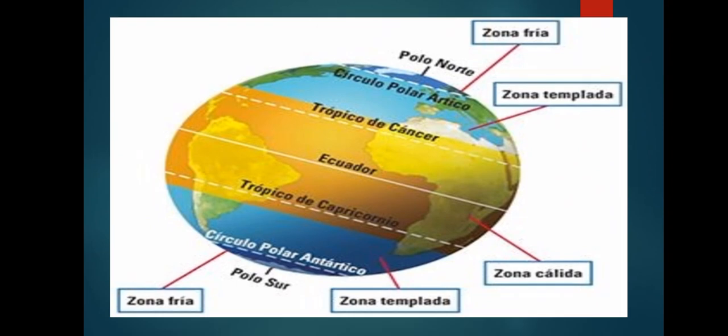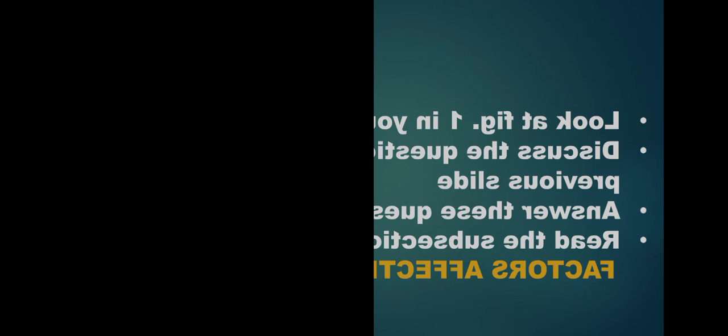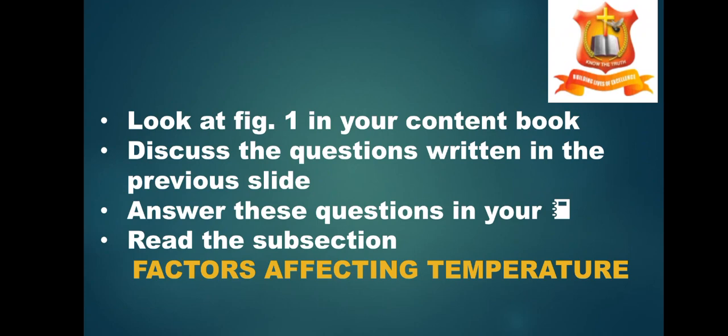Now here you can see the image. I have given you the image that is similar to the one in your content book. You need to see it very carefully. Then what will you do? First of all, look at the figure in your content book. Discuss the questions written in the previous slide.